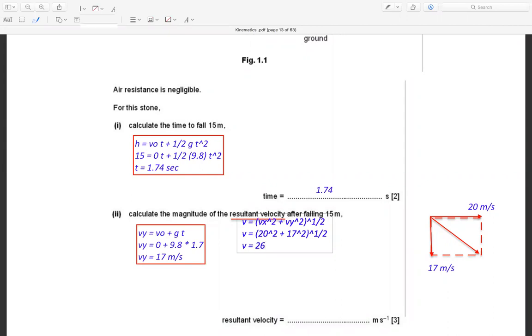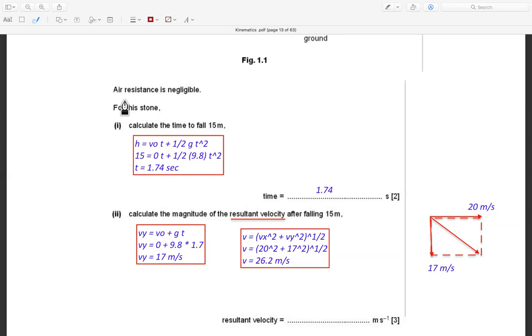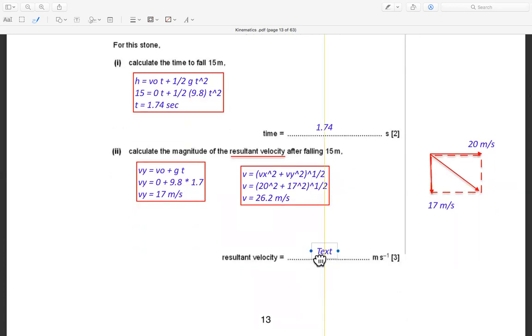So the resultant velocity is 26.2 meter per second.